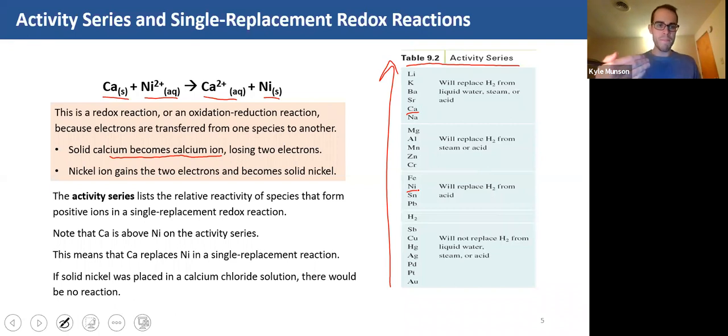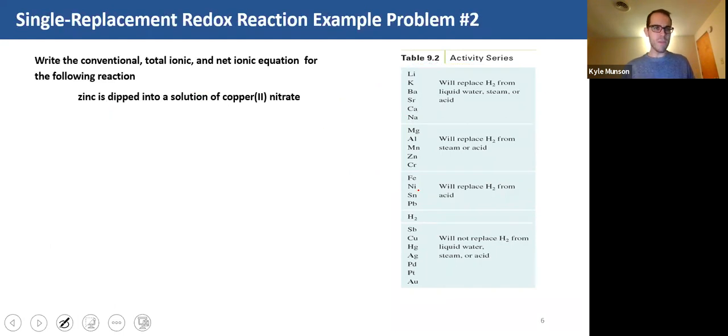This means that calcium will replace nickel in a single replacement reaction, like the one we have written here. However, if this was opposite, if solid nickel was placed in a solution of calcium chloride, there would be no reaction because nickel is below calcium on this chart. So it's going to be very helpful as we do a few example problems. Let's do that together.